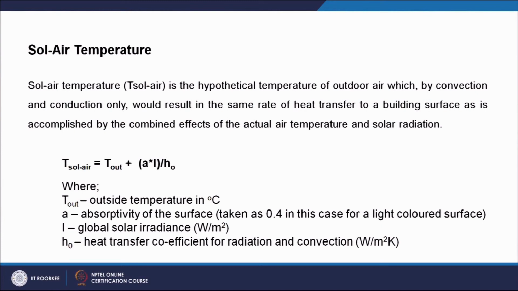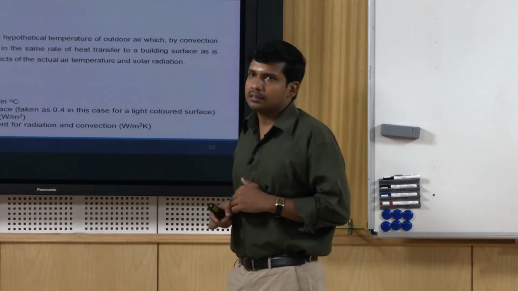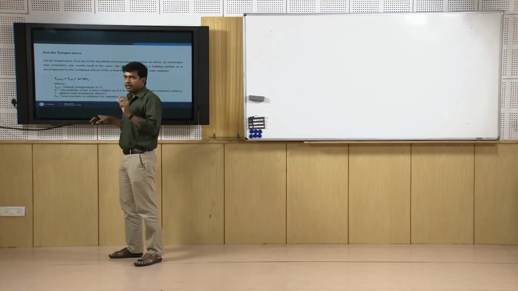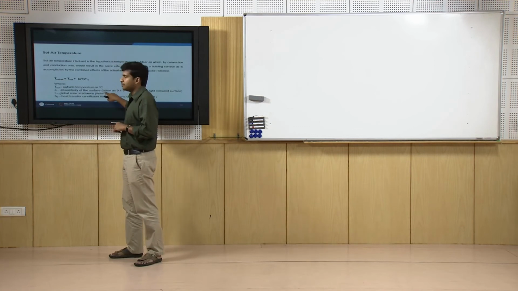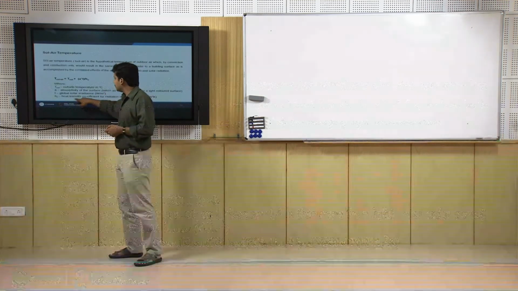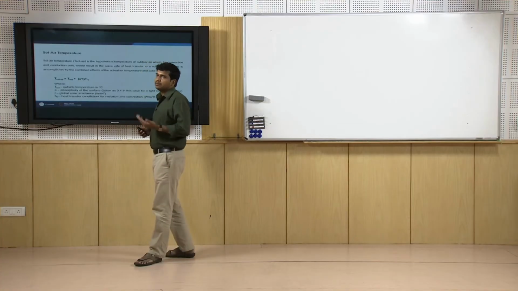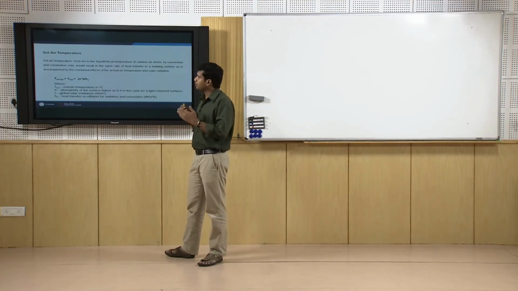Take a case like Srinagar on June 21st, say the ambient temperature is 30 degrees, the southern facade which we looked at, the solar radiation intensity will be X plus the absorptivity of a surface, imagine a white surface, there will be a heat transfer coefficient. So a small magnitude, say about 4 to 5 degrees, will get added up, which becomes the sol-air temperature. This is more or less equivalent to the surface temperature of a particular wall.